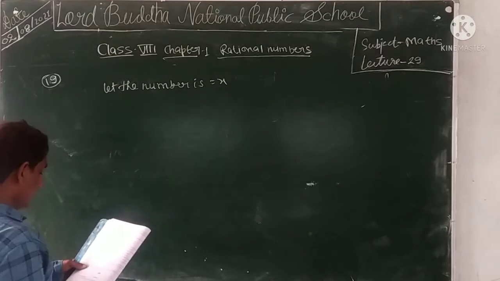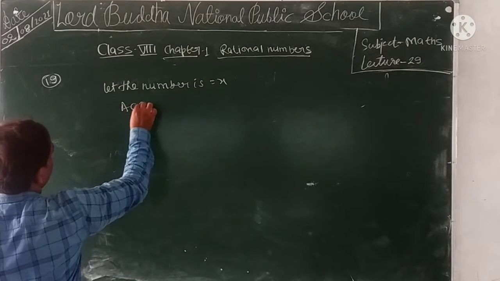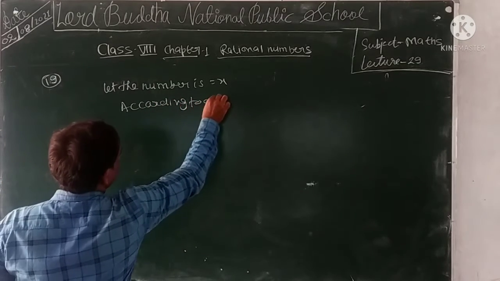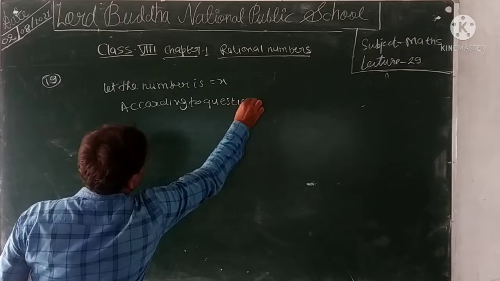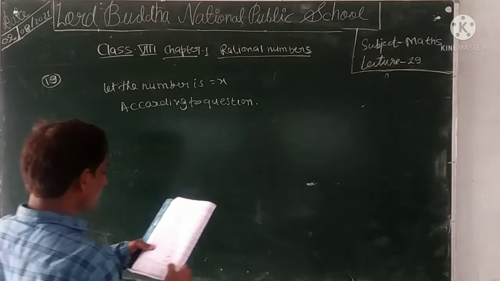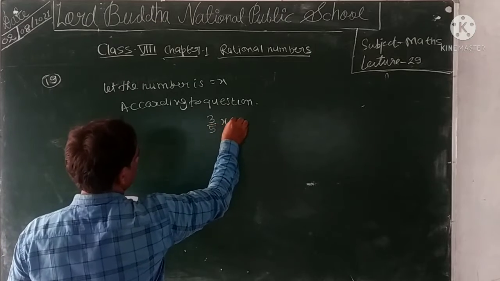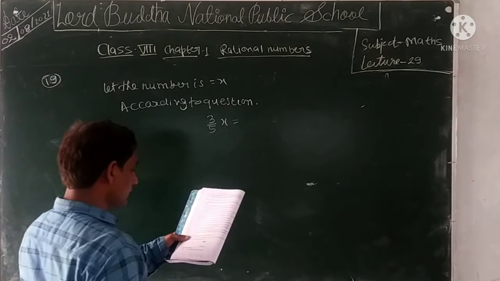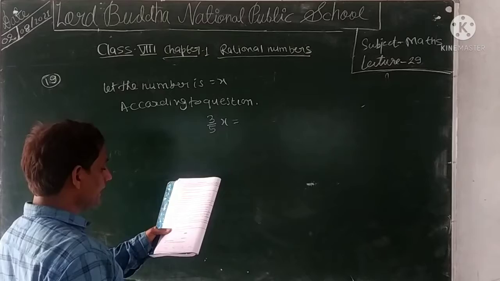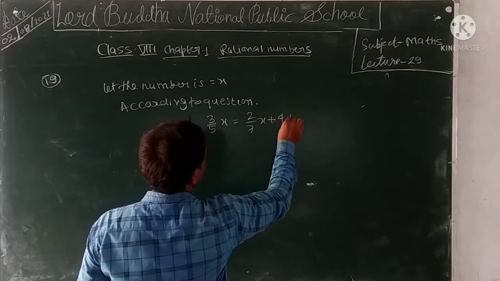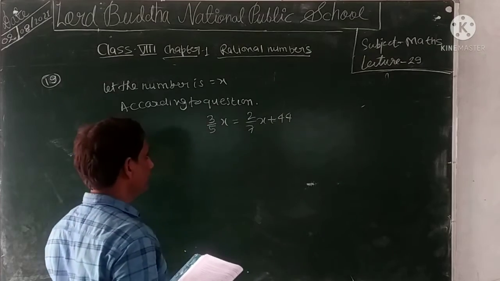Okay. According to the question, 3/5 of the number is 3/5x. 3/5 of the number exceeds 2/7 by 44, that is 2/7 plus 44. Okay.